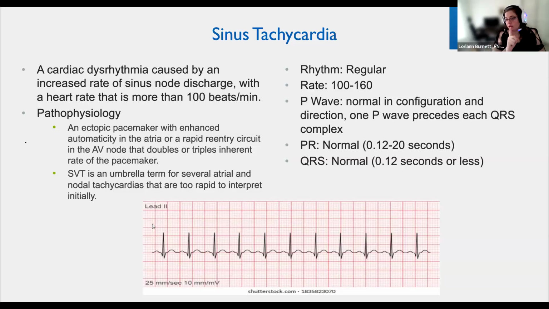Third question, is there one singular P wave with one singular QRS? Yes. Is the QRS less than 0.12 seconds? If I look here, it's just one itty bitty box, so 0.04. So we are good. Everything's normal except the heart rate is faster than 100. We got our sinus tachy.